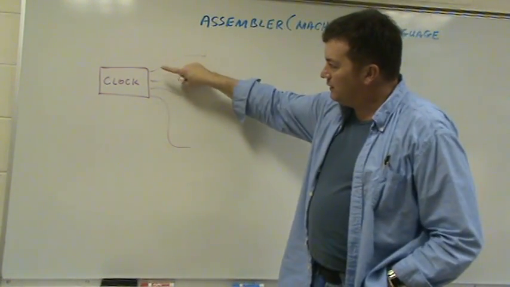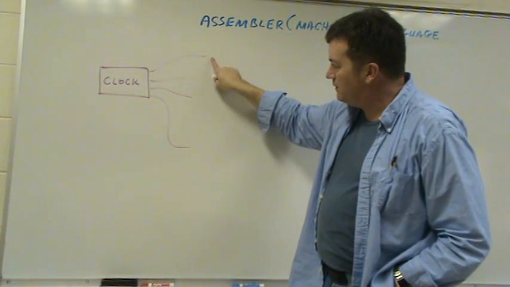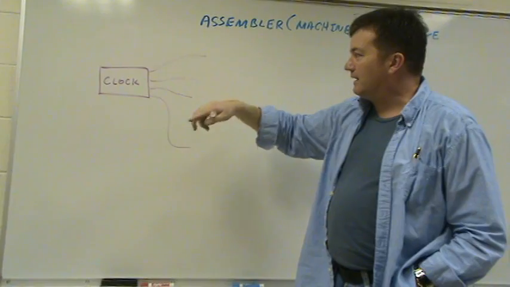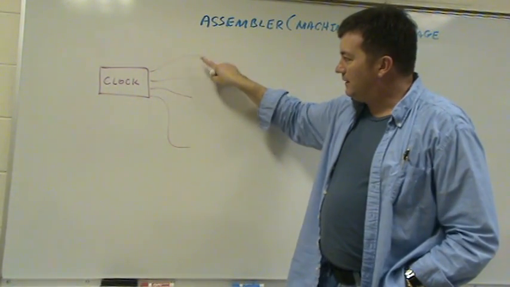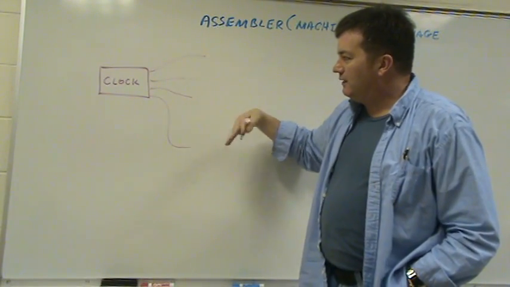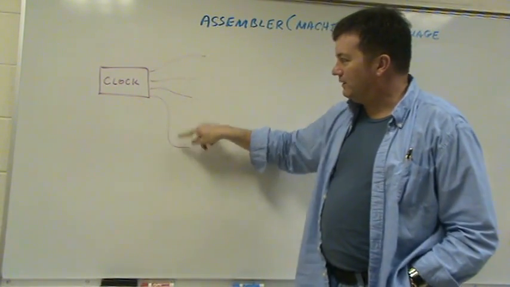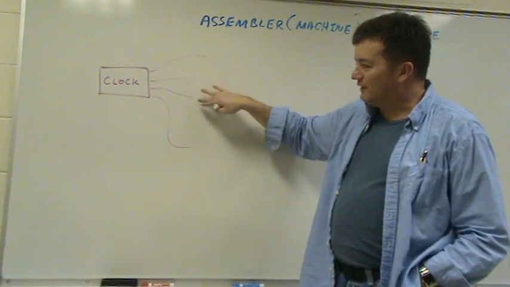What the clock is doing is running autonomously, and electricity applies to this wire. Then a fraction of a second later, electricity applies to only this wire, not the other 3. Then the 3rd wire, then the 4th one. Then it just keeps going 0, 1, 2, 3, 0, 1, 2, 3.